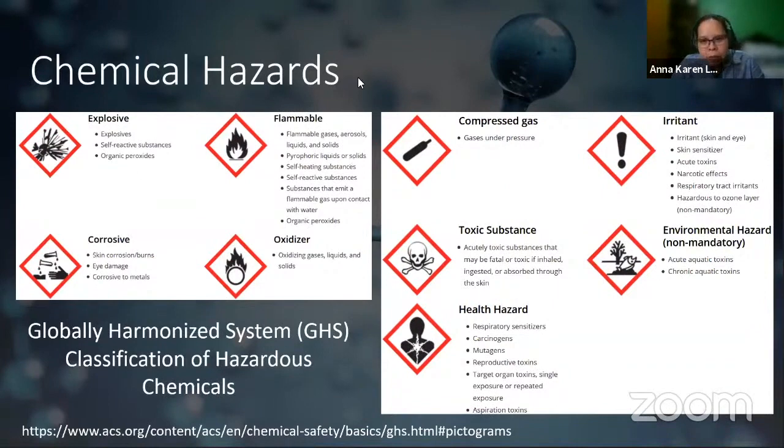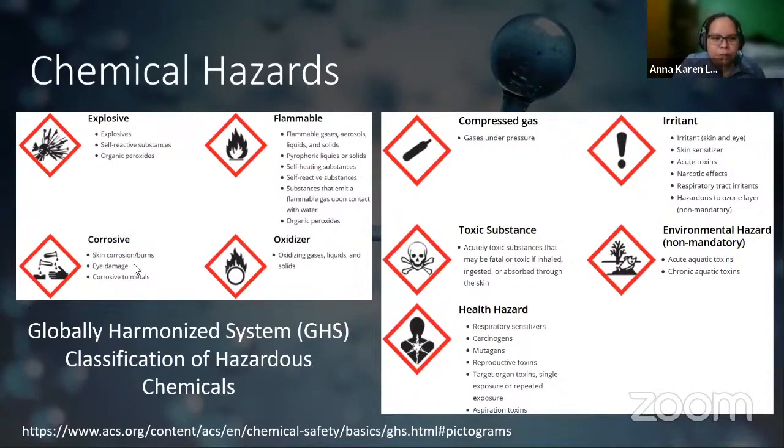You have the flammables that are, of course, flammable gases, aerosols, liquids and solids, pyrophoric liquids or solids, self-heating substances, self-reactive substances, those that react with water and produce flammable gases such as hydrogen gas, organic peroxides, and then you also have your oxidizers, which oxidize gases, liquids, and solids.